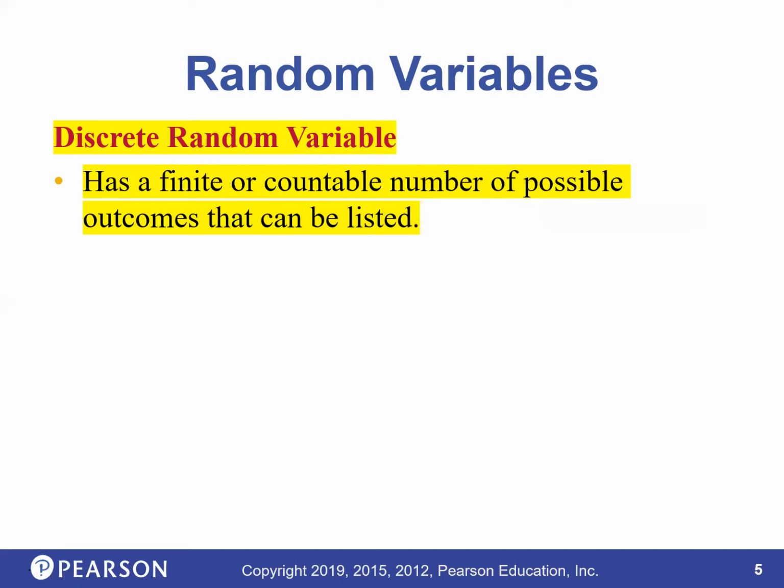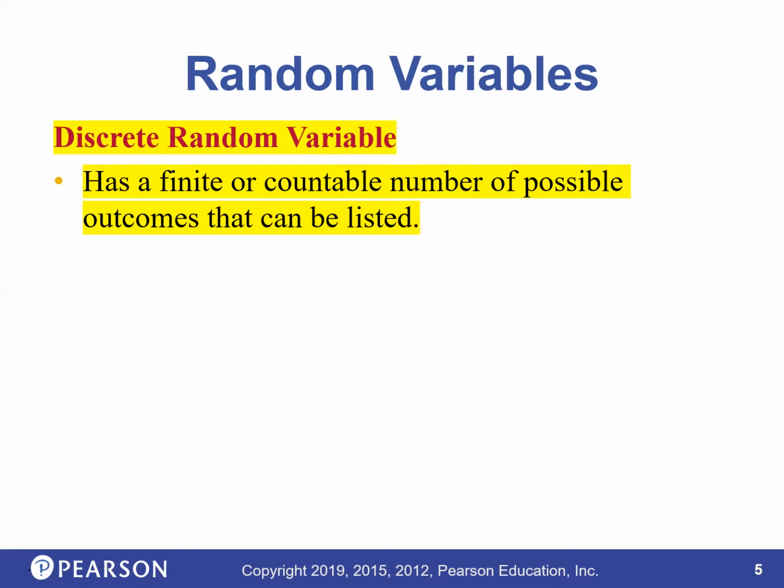As opposed to miles per hour or hours in the day, which you can chop up and can't count anymore. Let's do the distinction here, the distinction between a discrete random variable and that.